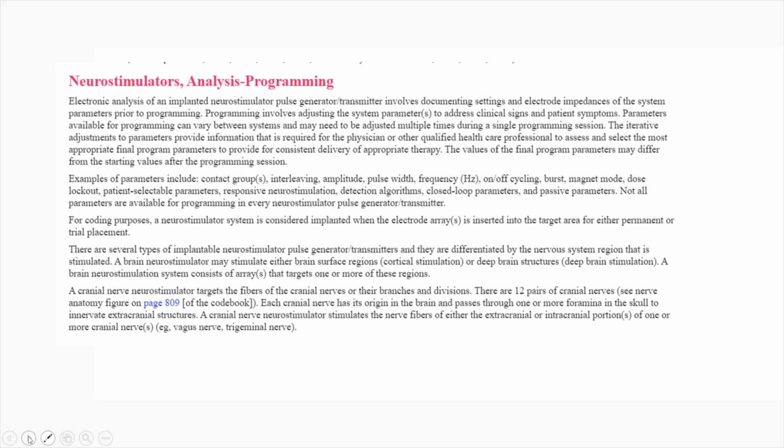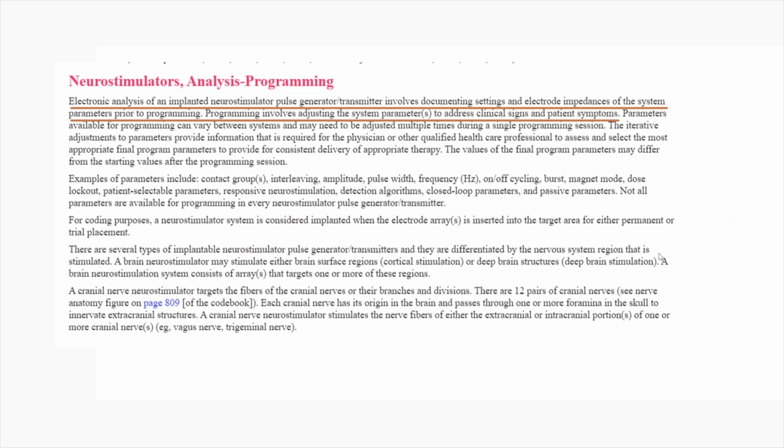We will have a neurostimulator located in various parts of our body, and first we will do the analysis portion, and then we will do the complex or simple programming, so that it will address the issue and serve the purpose for which it is there. Are you clear, coders, on what a neurostimulator analysis and programming is? It has two portions.